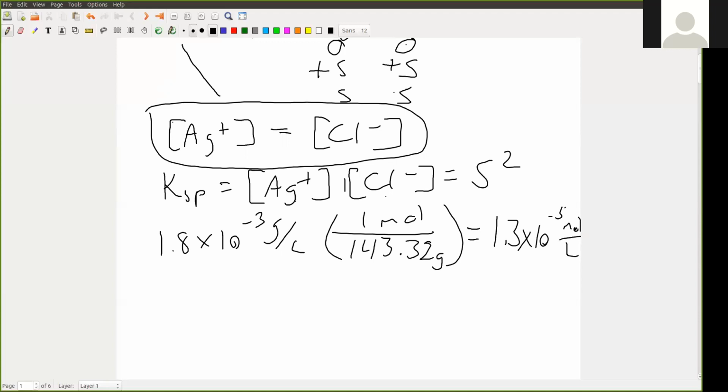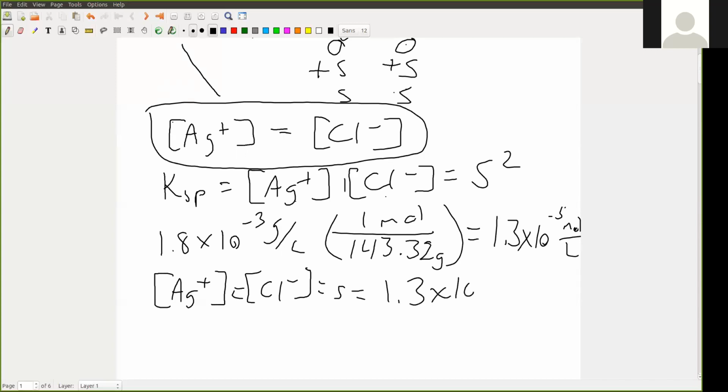So now we can say that Ag plus, which is equal to Cl minus, each of those is equal to S, which is also equal to 1.3 times 10 to the minus 5 moles per liter. So when we calculate KSP, the solubility product, we're considering S squared, and we're considering it unitless because it's always in relation to 1 mole per liter.